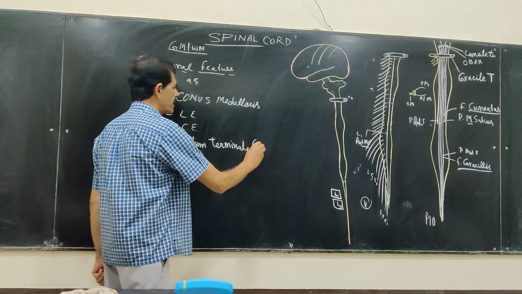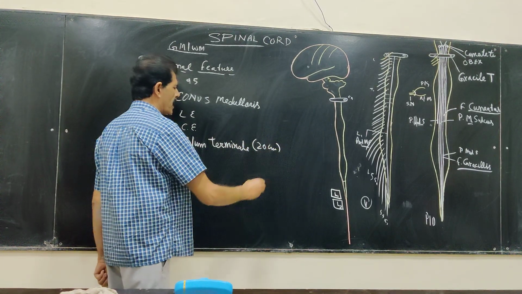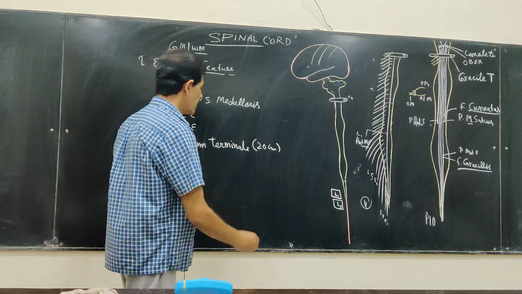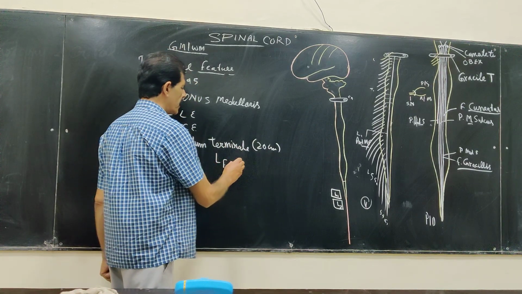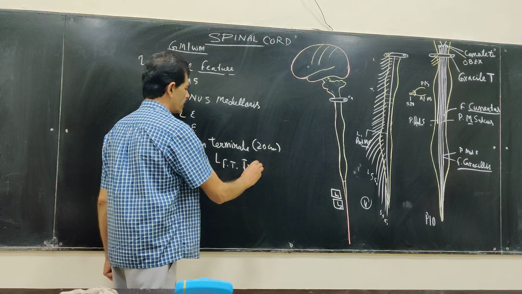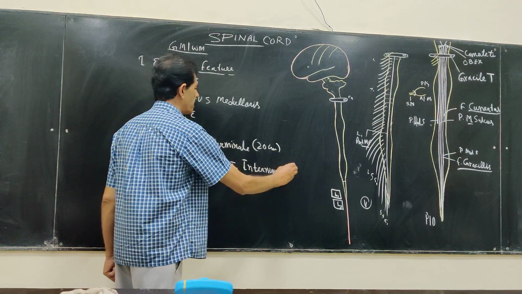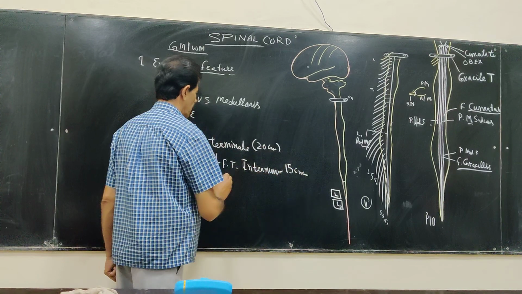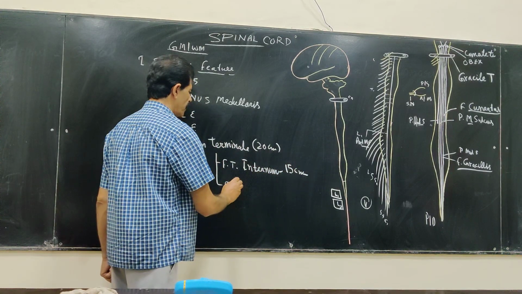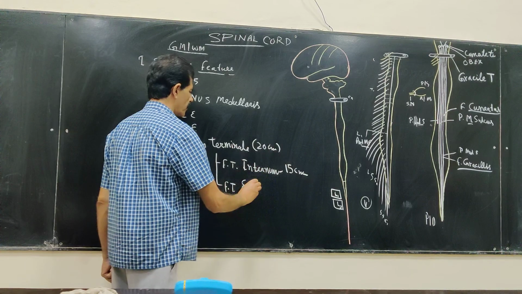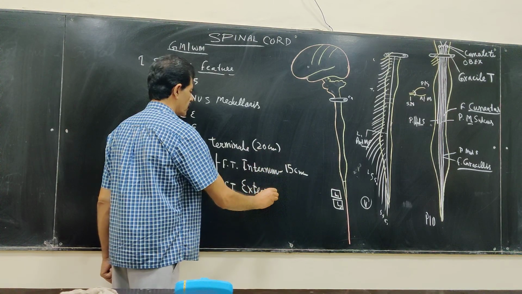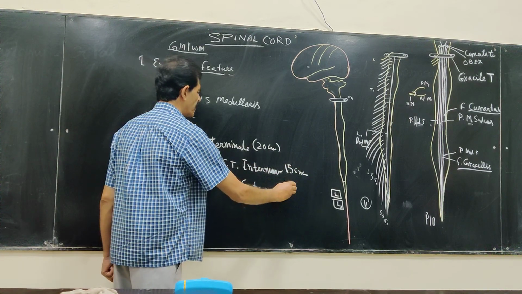It is 20 centimeter long, and it is divided into two parts. One is called the filum terminale internum, which is 15 centimeter long, and one is called the filum terminale externum, which is 5 centimeter long.